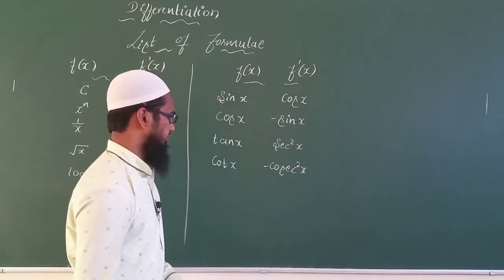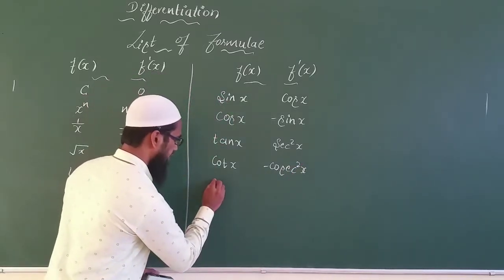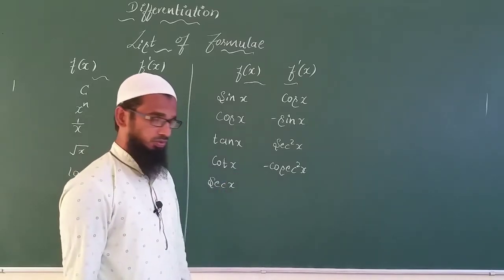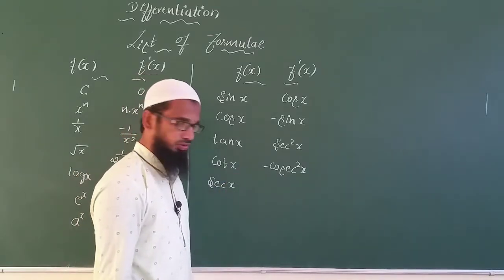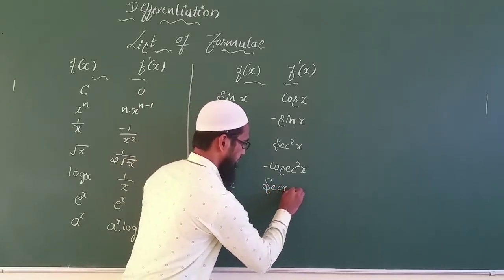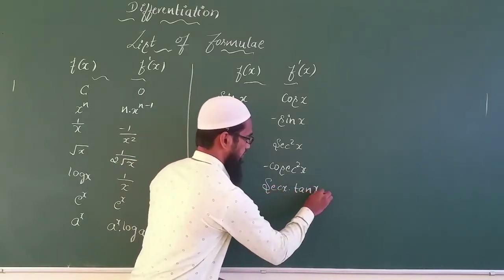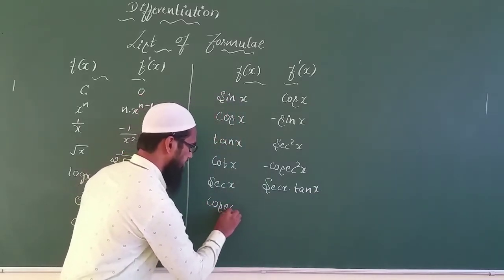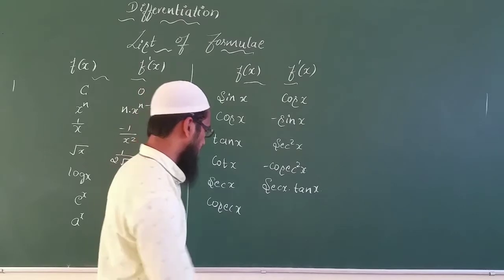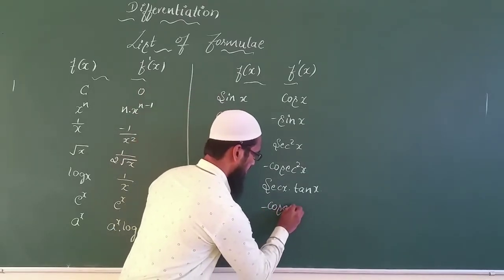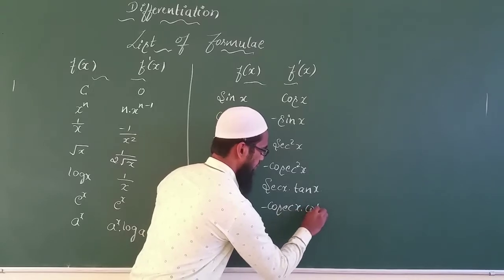There are two more functions: for secant x, the derivative is secant x into tan x. The last one is cosecant x, whose derivative is minus cosecant x into cot x.